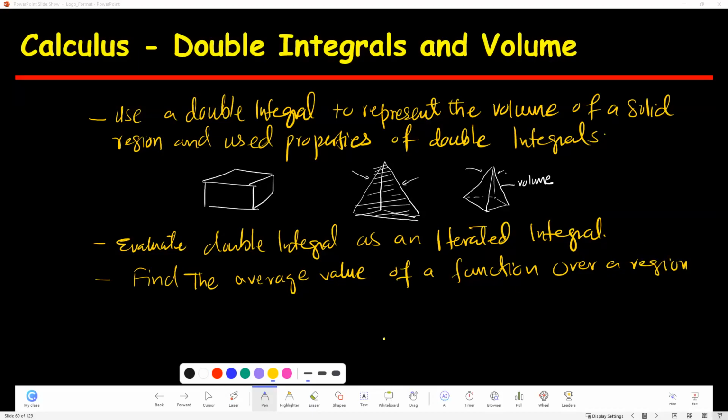And what does that mean? If you have a function like this, and this is a surface, and this is the area, right? This is all the area under the region.